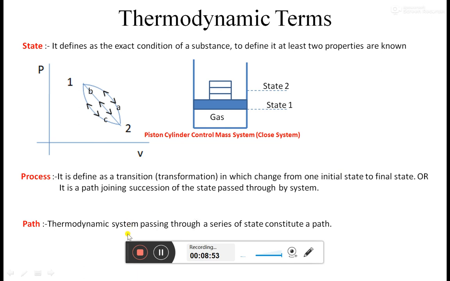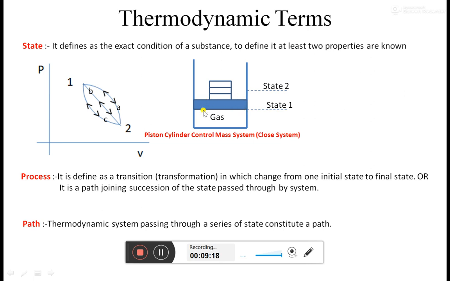In the previous lecture we went through the example in which I told you that if in the first process I remove those weights one by one slowly, the piston will move from state 1 to state 2.